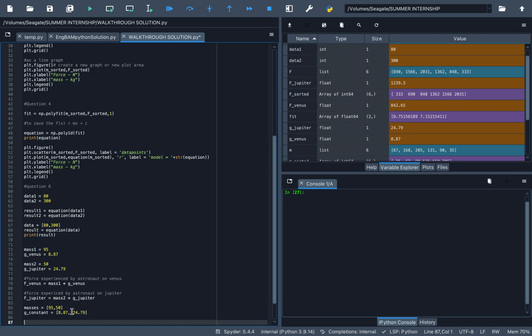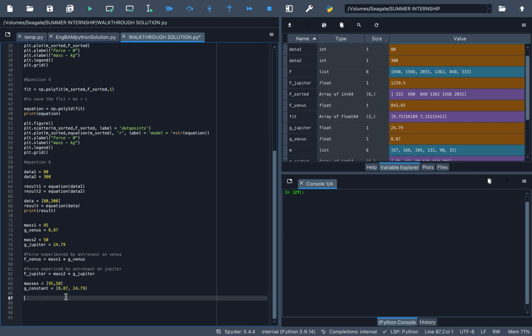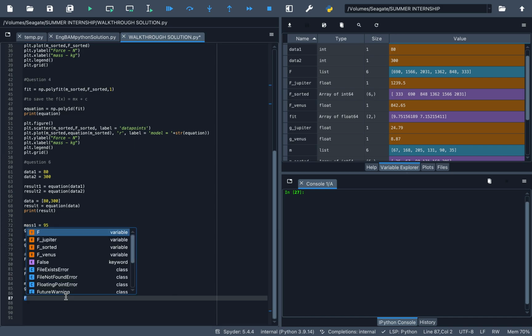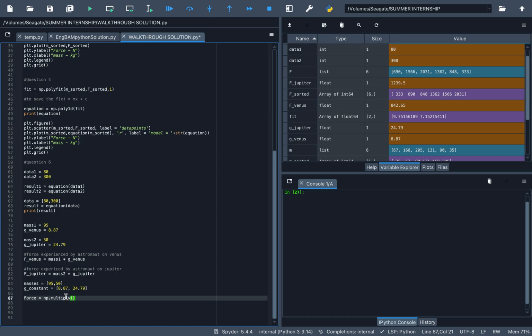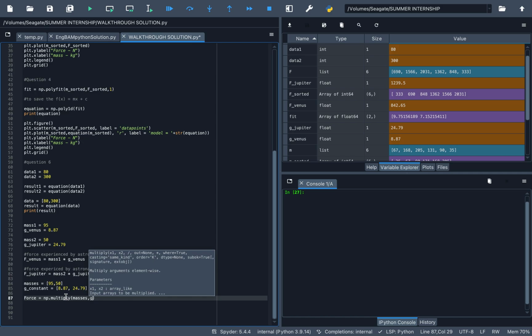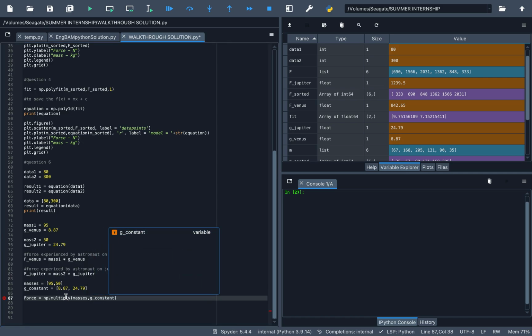Then what we can do is simply use the multiply function in NumPy, so we can give our array a name such as force, or you can call it anything, equals NumPy dot multiply, and in bracket we put the masses, comma, the gravitational constant. So essentially we are performing equation 1, which is F equals m multiplied by g, but in this case for an array, because we've created an array of masses and an array of gravitational constants.